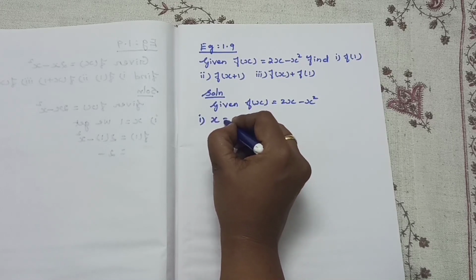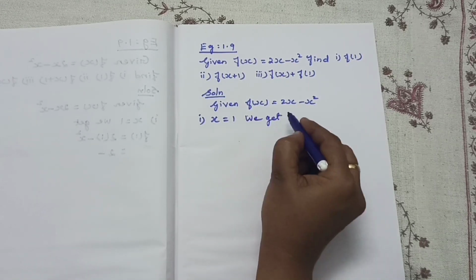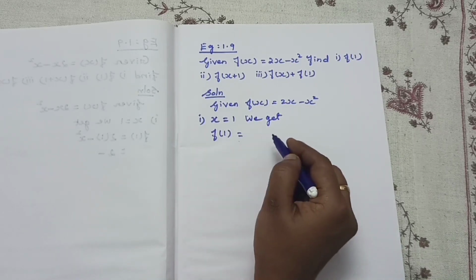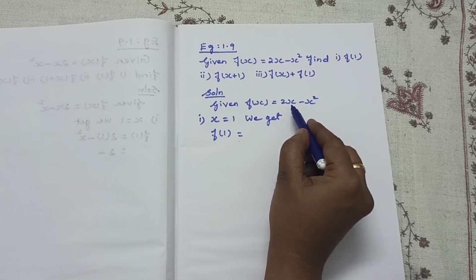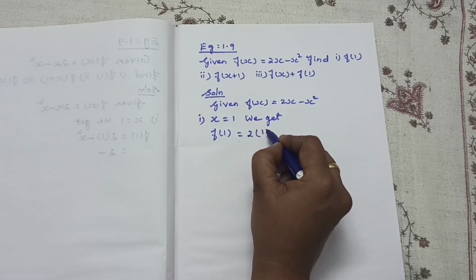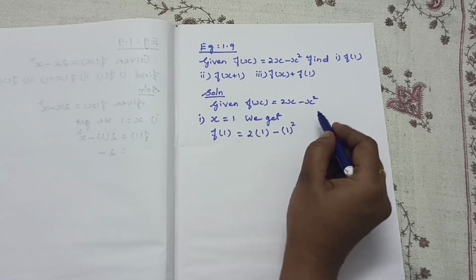So x equal to 1, we get f of 1 is equal to, instead of x, we substitute 1: 2 into 1 minus, in place of x, substitute 1, the whole square.